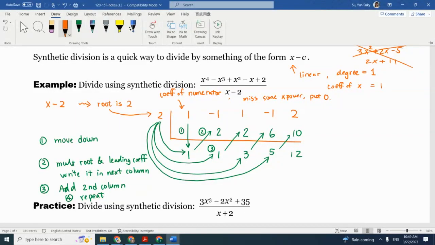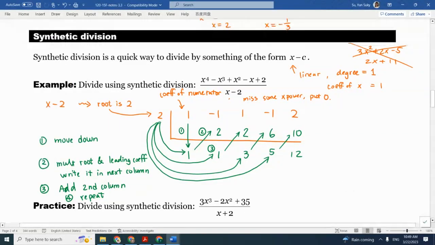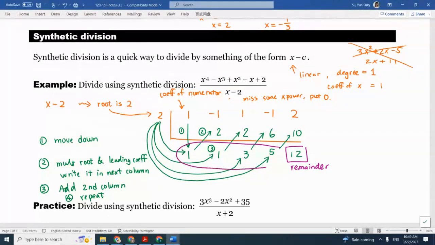Okay. What do we do with this number? What do they mean? The last number is the remainder. The remaining numbers, they correspond to the quotient. So, okay, what's the quotient? The constant term is 5. And then you increase the power.